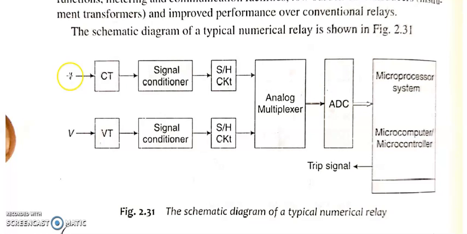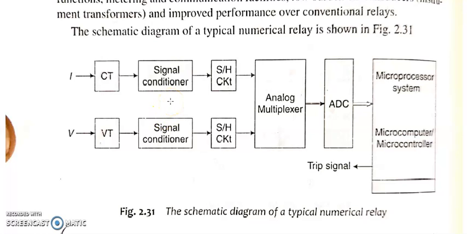Initially the input current or voltage, which is of high value, is given to the current transformer or voltage transformer, and we know what a current transformer does as well as what a voltage transformer does. It converts whatever quantity we have given to lower values. In the signal conditioner, further filtering is done by removing the additional frequencies as well as smoothing the quantity.